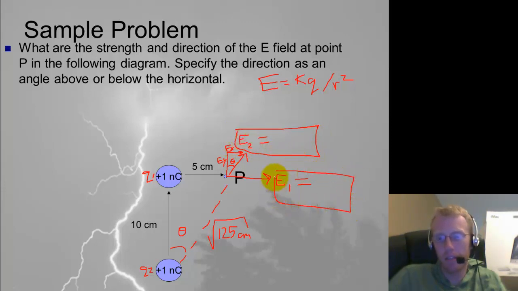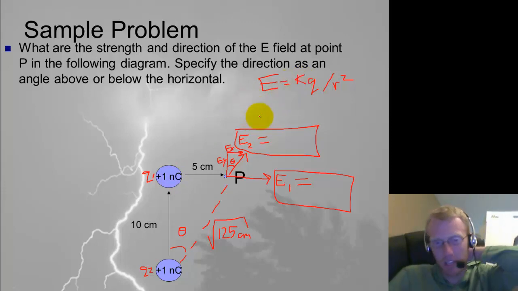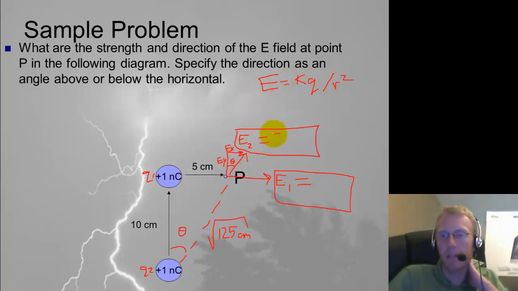E1 and E2 using this formula. So plug in your 9 times 10 to the 9th, your 1 nanocoulomb, and the nano will cancel. Let me do some quick math here. It's going to be 9 divided by the square root of 125 squared, which is 125.